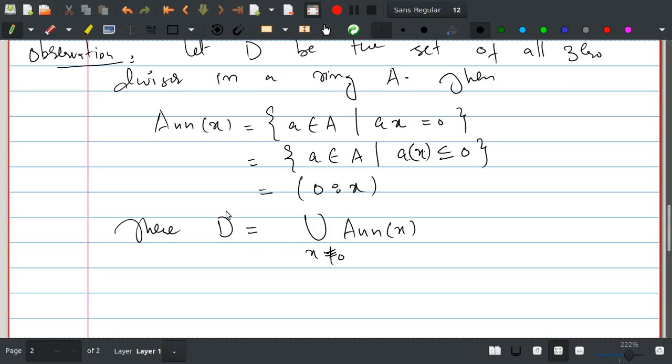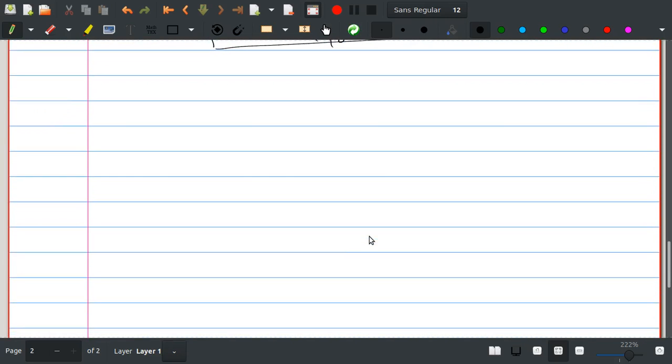So this set D of all zero divisors in A is the union of annihilators of all non-zero elements. Now we have this exercise here. But before that, let us do one thing.